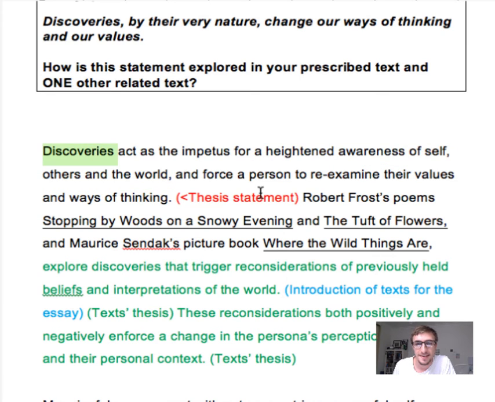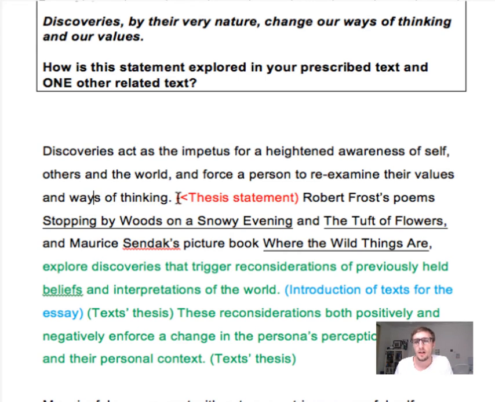I've also said that discoveries force a person to re-examine their values and ways of thinking. So the discoveries that I'm going to look at force or prompt the person to re-examine their values, so the things that they hold tightly, the ways that they behave and the way that they live, and also their ways of thinking. So maybe the way that they process something or the way that they think about somebody else.